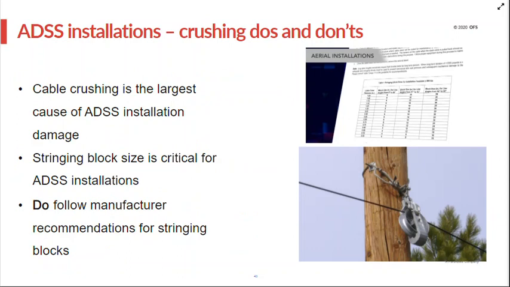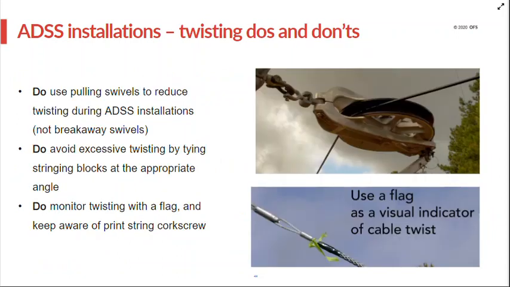With ADSS, as Howard mentioned also, cable crushing is the largest cause of installation damage. Stringing block size is critical for ADSS installations, so do follow manufacturer recommendations for stringing blocks.